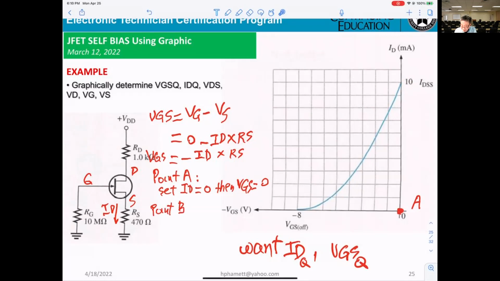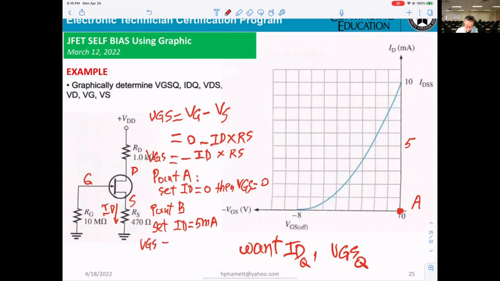I can pick 1, 2, 3, 4, 5. Okay, so you set ID equal 5 milliamp. So you get the equation.